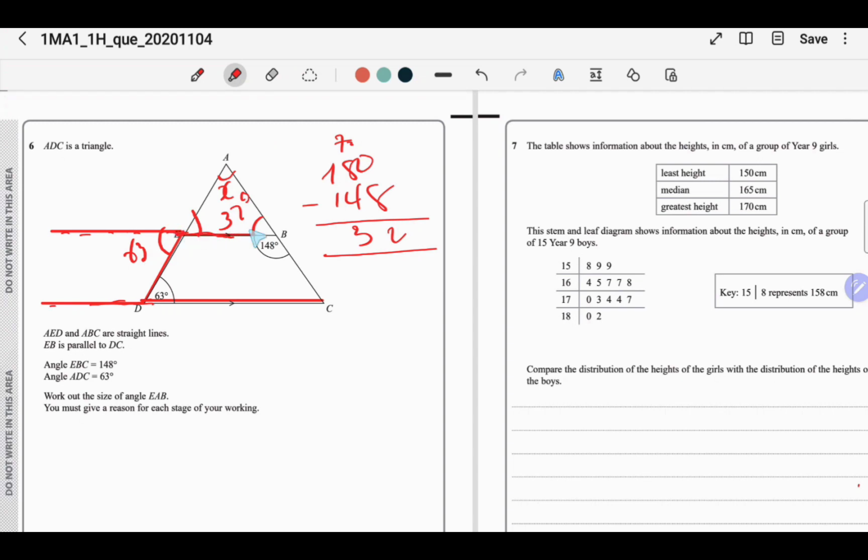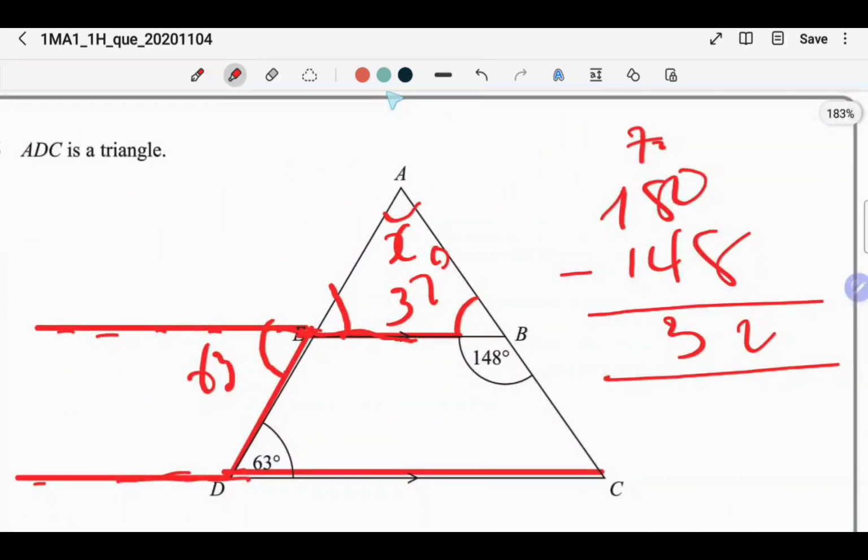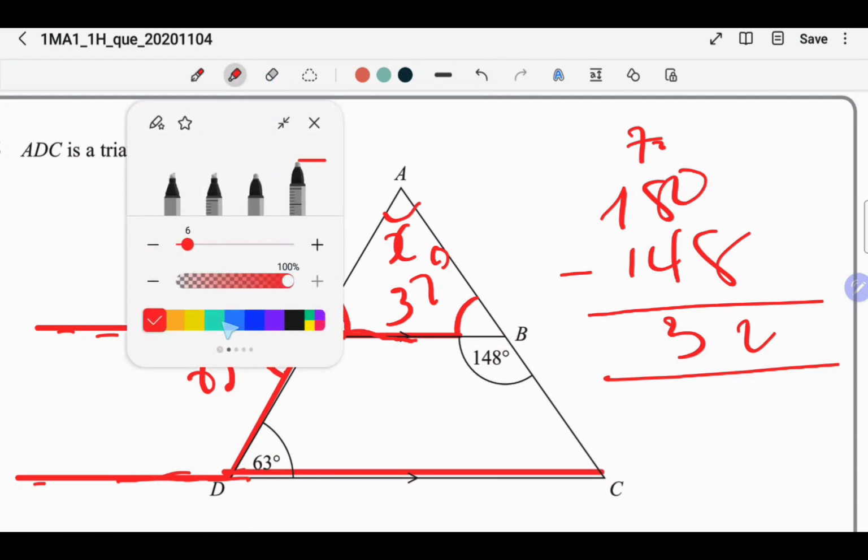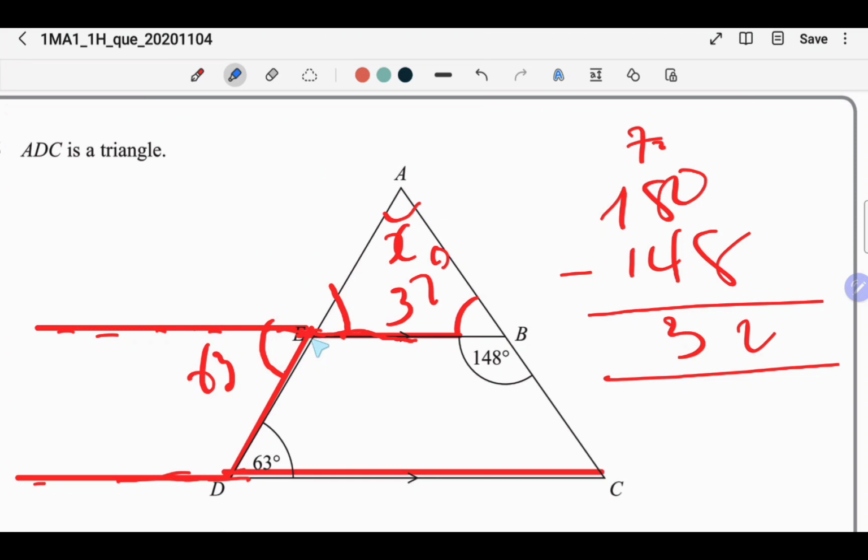Let me zoom out a little bit for you, and maybe use a different color pencil. Like I was saying, this is a straight line. If I map these out again, what do I notice? These are vertically opposite angles. So this is 63, which means that this would also be 63.